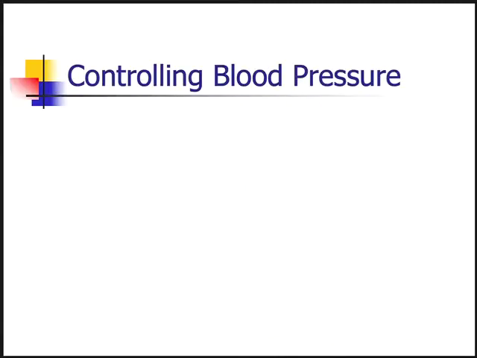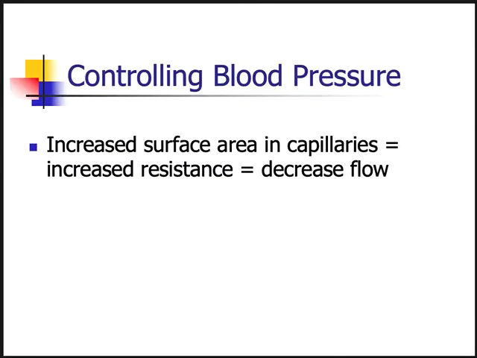All right, controlling blood pressure. As I just said, there's increased surface area in the capillaries. They're tiny, but there's lots of them. That's going to increase resistance because you have more blood touching the vessels, and so that's going to give you a decreased flow.